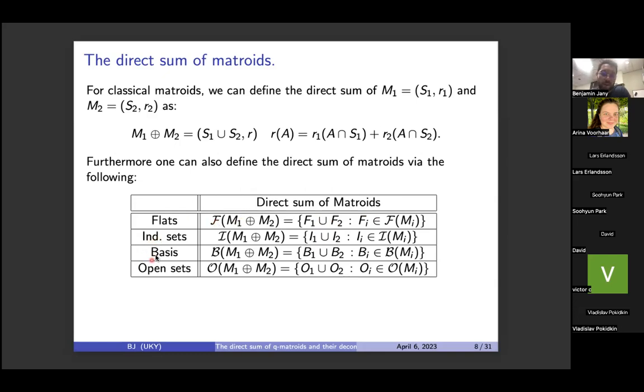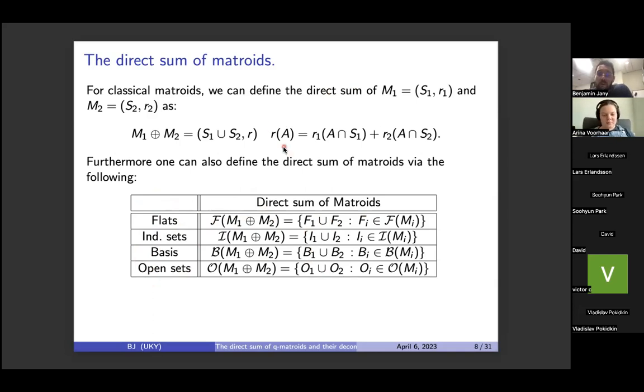And the same goes for independent sets, bases, and open sets. Since each of those collections of sets separately fully determines the matroid, one can define the direct sum using those collections of sets instead of the rank function, right?